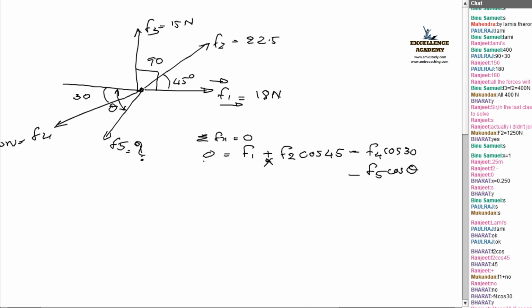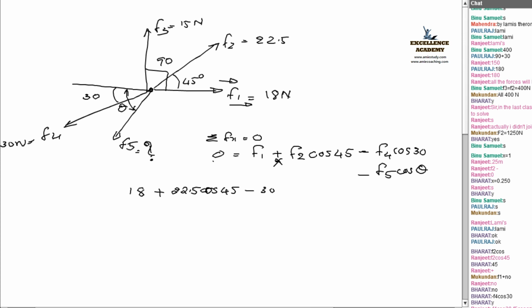So now I am putting the values there. 18 plus F2 cos 45, that is 22.5 cos 45, minus F4, how much Newton? 30 Newton, that is 30 into cos 30, minus F5 cos theta is equal to 0. I got it like this.